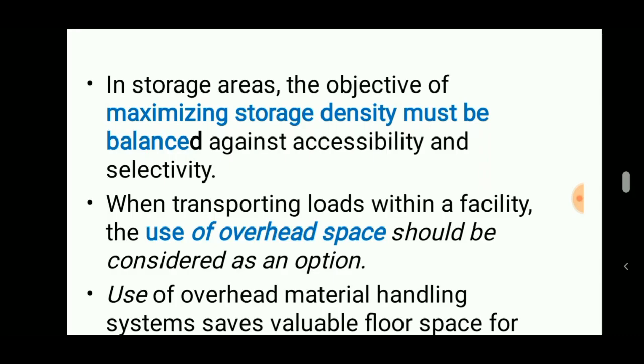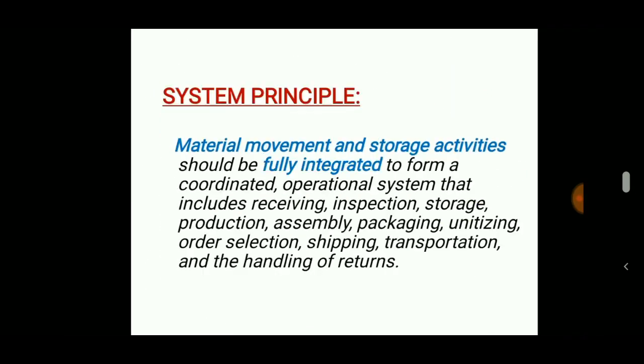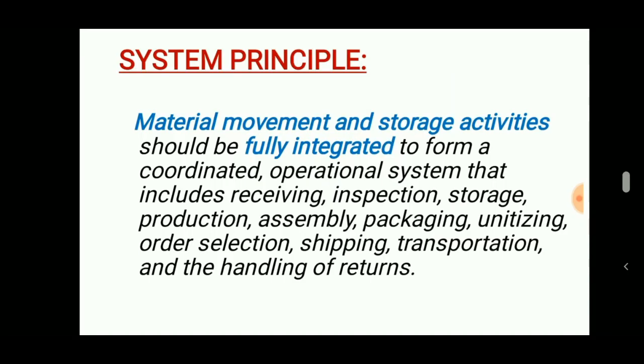So what you need to do is stack one container over another, so that you can save floor space. And overhead space means in the form of a rail system, so that we can attach our containers to the rail system, so that we can save the floor space.